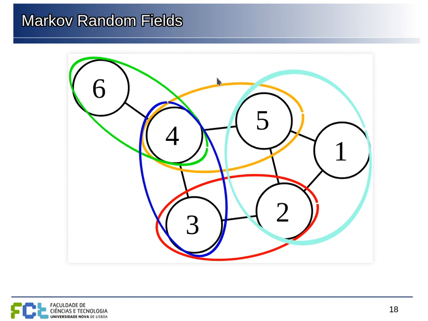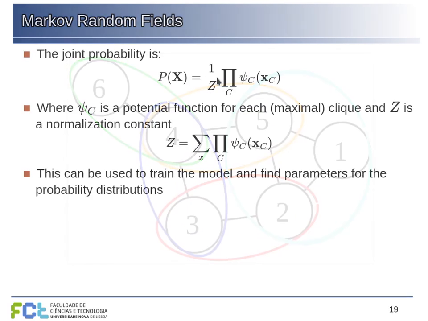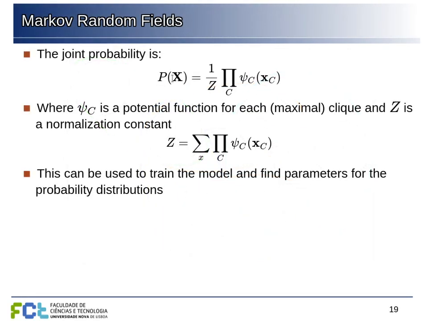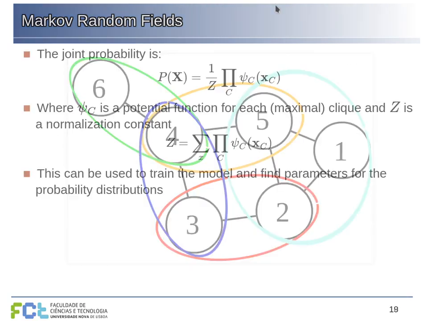Now, this is important because once we have these maximal cliques, and because of this property of the conditional independence between the groups, we can write the probability distribution of all the variables that we have in the Markov random field by considering only the products of the joint distributions of the variables in each maximal clique. So we could write this by considering only the combinations of these three, then these two, and so on, instead of all the combinations at once.